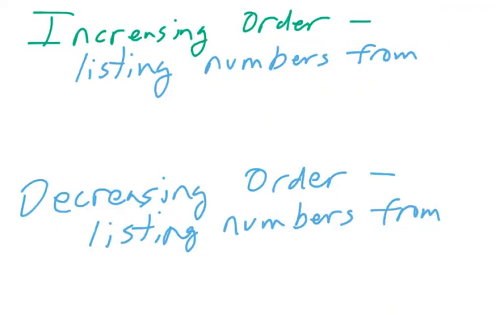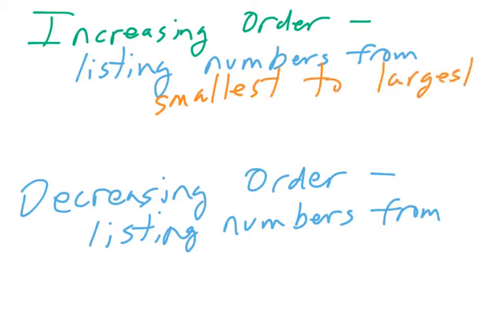So the last thing I want to talk about today is increasing and decreasing order. Okay? So if you're asked to list numbers in increasing order, what that means is you're listing numbers from smallest to largest. Okay?